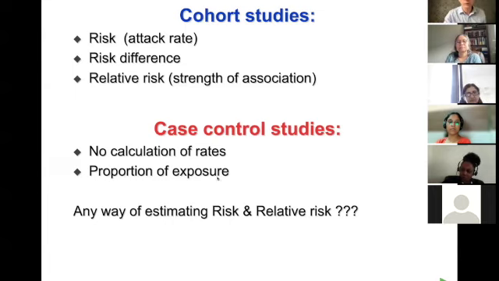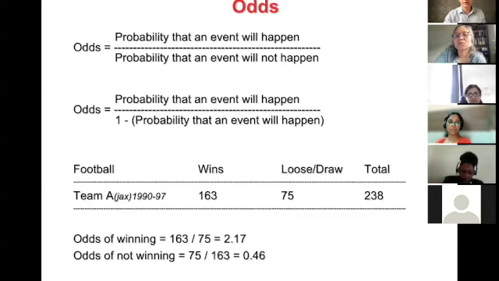What we can measure is the proportion of exposure. How many cases were smokers and how many controls were smokers, for example. Is there any way to estimate risks and relative risks? Not really, but being realistic, we can now turn to odds, the odds of exposure.